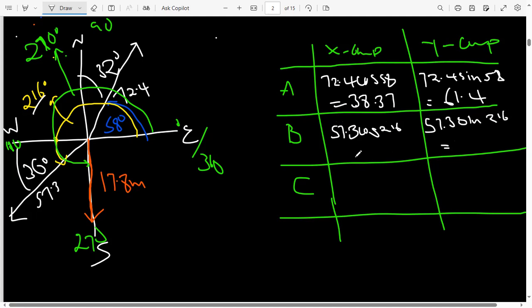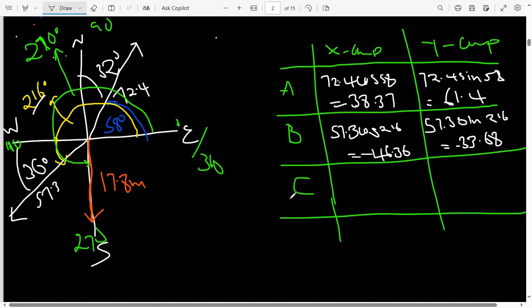You just get your calculator. 57.3 multiplied by cos 216 gives me minus 46.36. And 57.3 multiplied by sine 216 gives me minus 33.68.